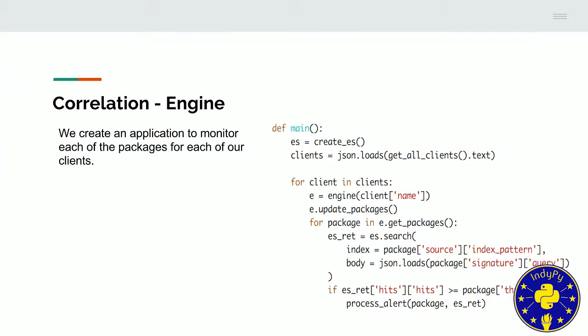If we are at or above the number of hits for the package, then we go ahead and process the alert. The alert processing portion looks at the current alerts that are active and says, do I need to add these new events that we see to an existing alert, or do we create a new alert in our system?